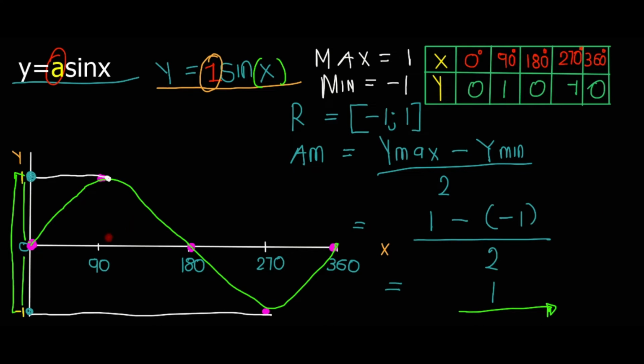Graph of sine always starts at 0, always starts at 0. When we draw this graph, this is our first peak. When you look at this first peak, it ends on this line, it ends at 1. So this means the value of a will be 1. And then if this graph, let's say it reaches 2, this is our first peak. When we draw a graph, it means the value of a will be 2.